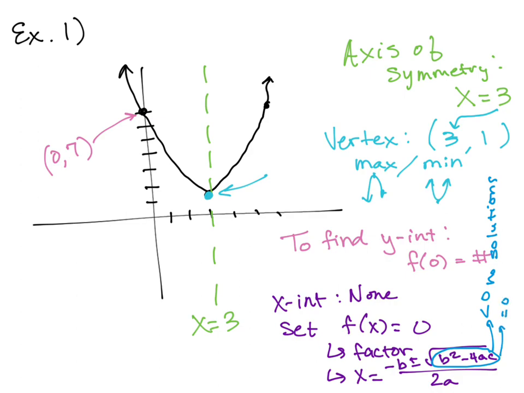How many? One solution. And what if this discriminant number came out greater than 0? How many possible solutions? Plus and minus. You have the plus option and the minus option. 2 solutions. Is this ringing a bell? Okay. It's been a long time.